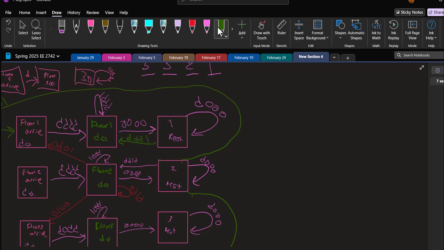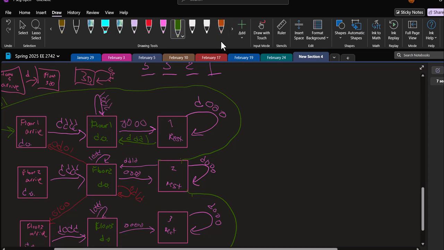So that should be, does that need another state? We are gonna need another state in a minute. So this is floor 2, but we're stopping at floor 2.